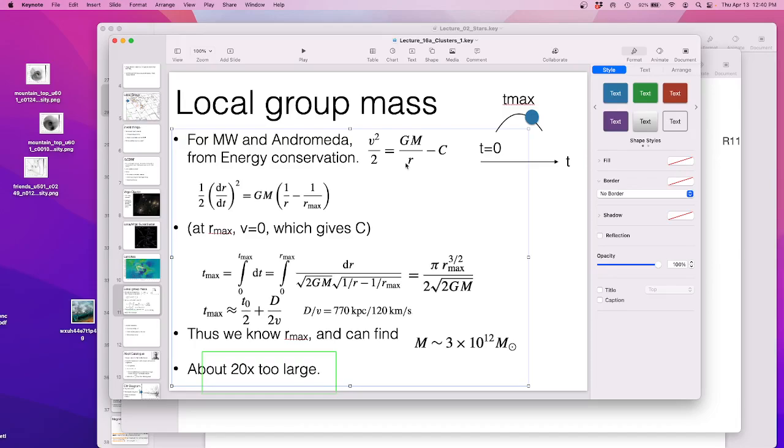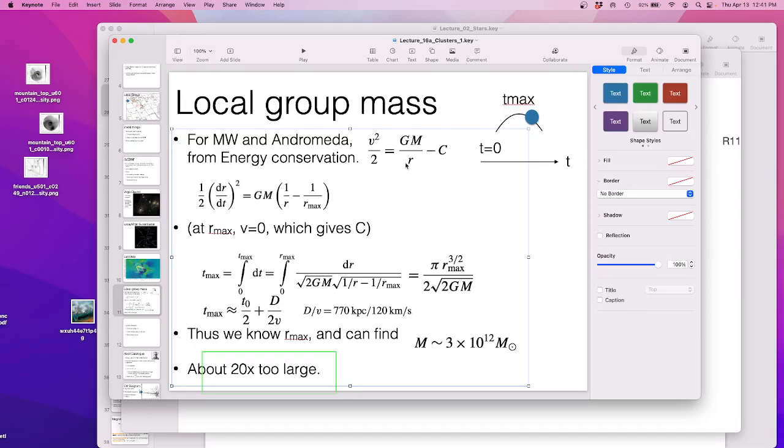And I know, so this is where Andromeda is, and I know this time is basically the distance to Andromeda, which I know, divided by the velocity that Andromeda is going to smash into us with, which I also know. So this is now, this is the future.